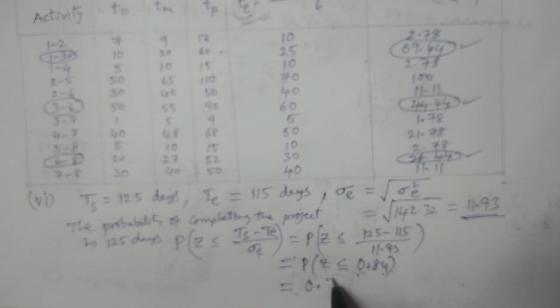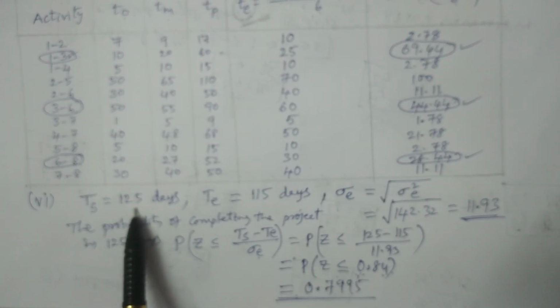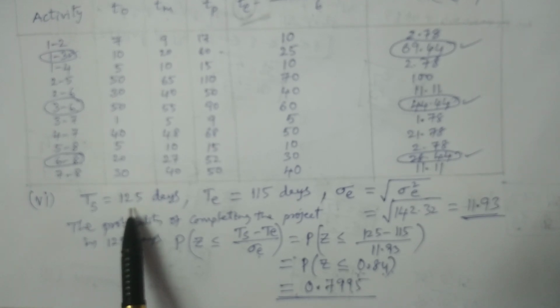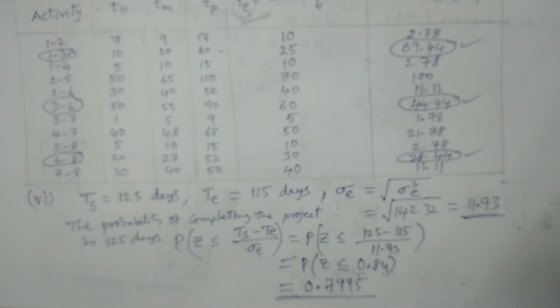The value is 0.7995. Our conclusion is that there is an 80% chance of completing the project in the scheduled time of 125 days. That is the answer for this question.